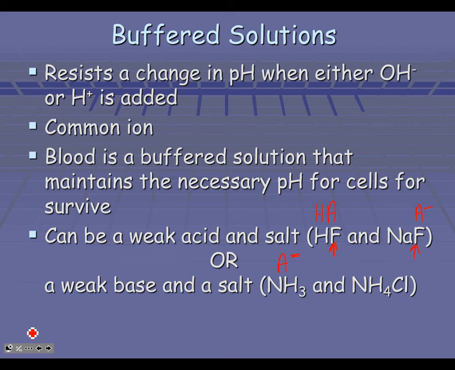Well, in our salt, the conjugate acid of a weak base is just the base plus a hydrogen. Well, right here, we have our HA portion. And so we have our buffered solution as well. So we're going to look at both types of buffers that we can create, either using the weak acid and its salt or using the weak base and its salt.